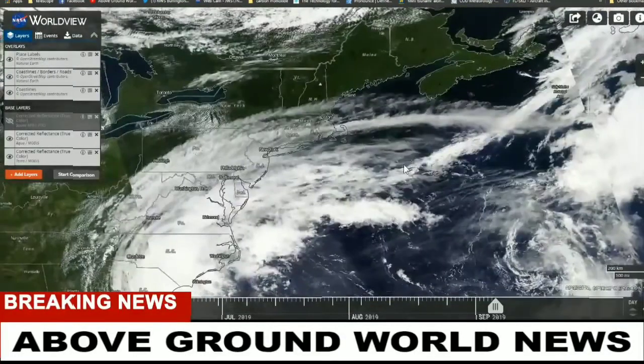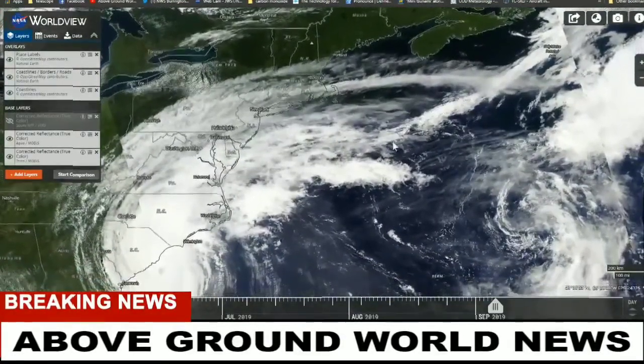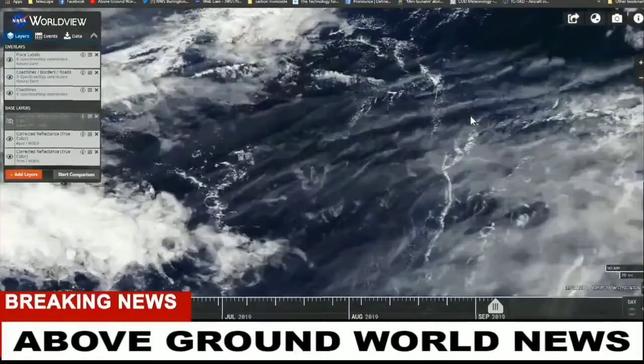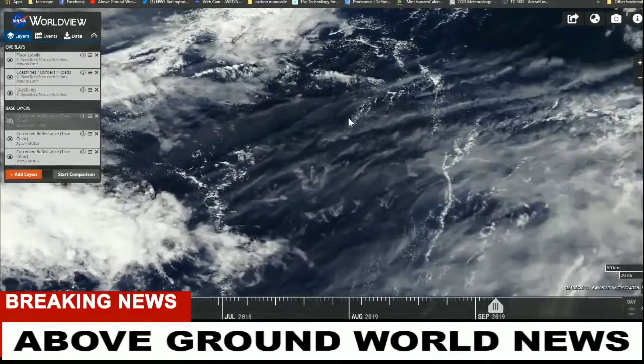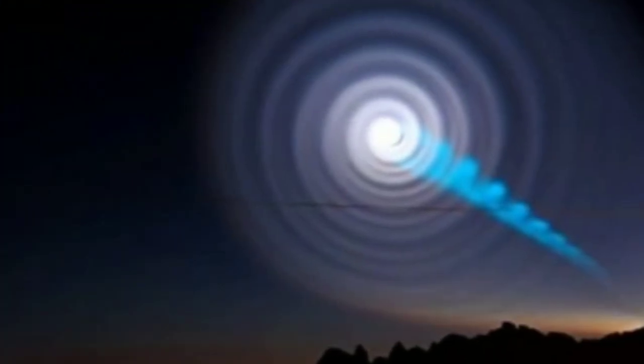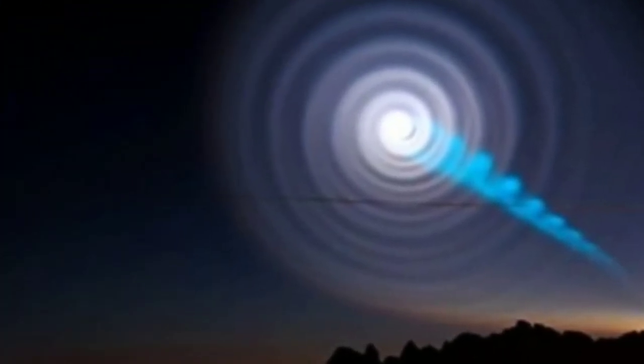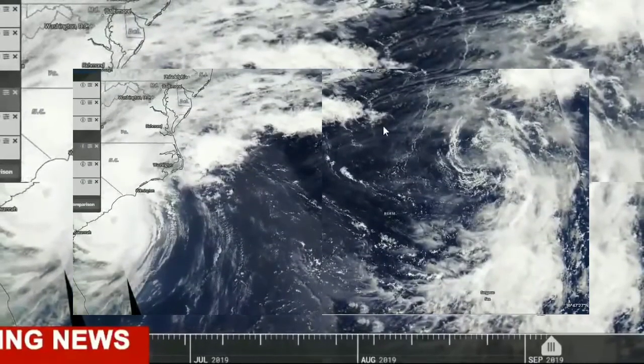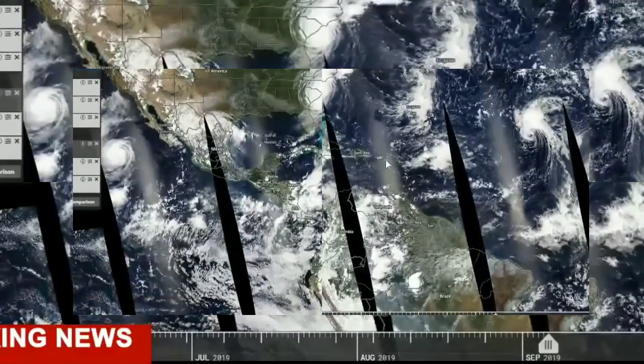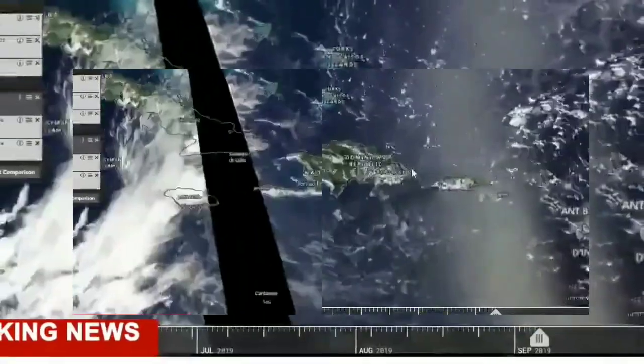And all these rockets are the same rockets that the Russians are using over in Norway. Exactly. Remember the spiral? Yep. Well, that was a Russian rocket, but it was intentional.